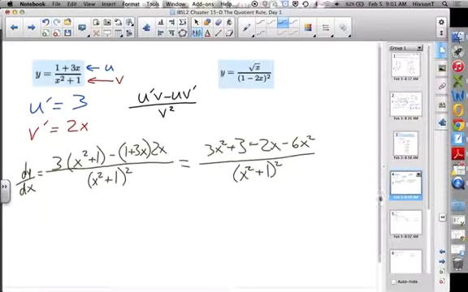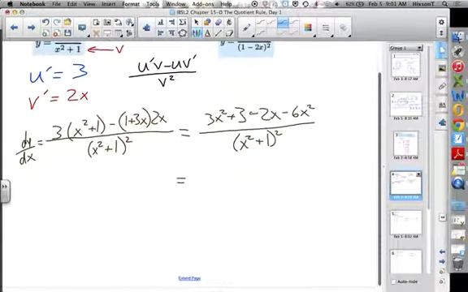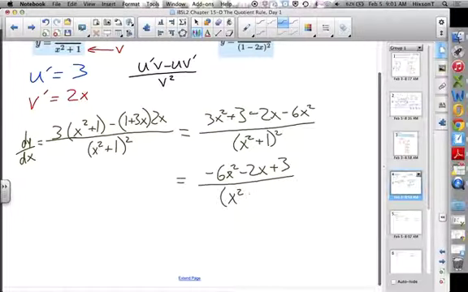So now we can simplify our numerator a little bit more. That's a negative 3x squared minus 2x plus 3. Should we FOIL the denominator?